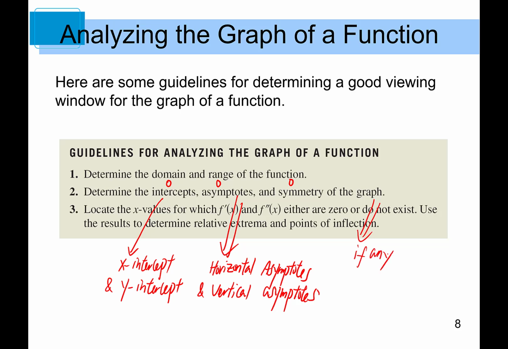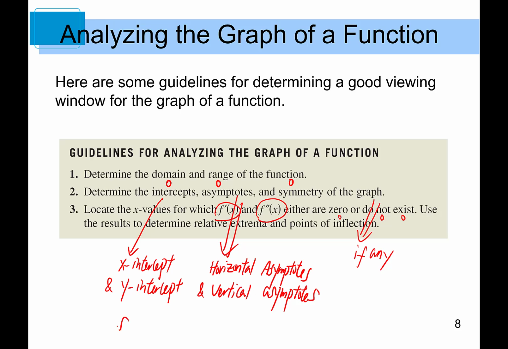And the third step, locate the x values for which f prime of x, the first derivative, and the second derivative f double prime of x, either are 0 or do not exist. The critical numbers come from the first derivative.